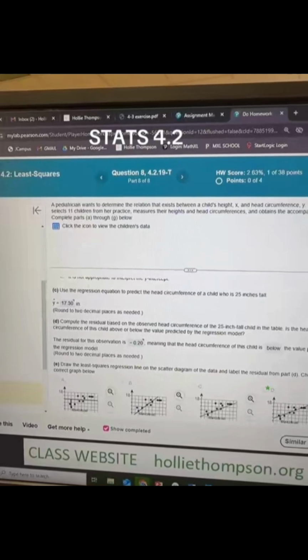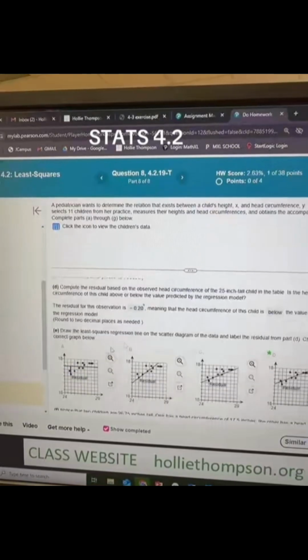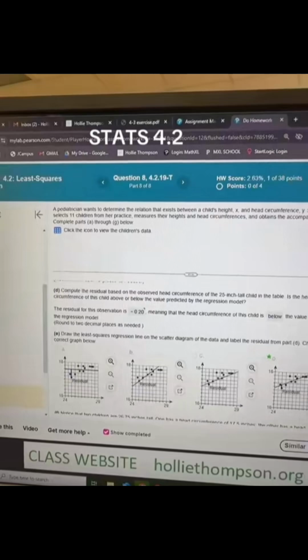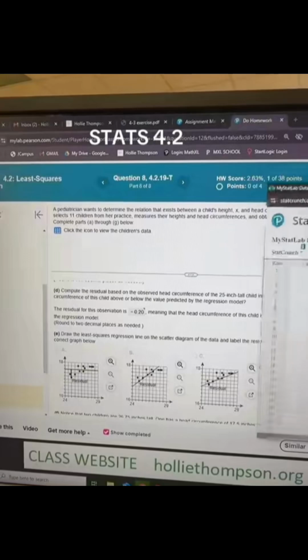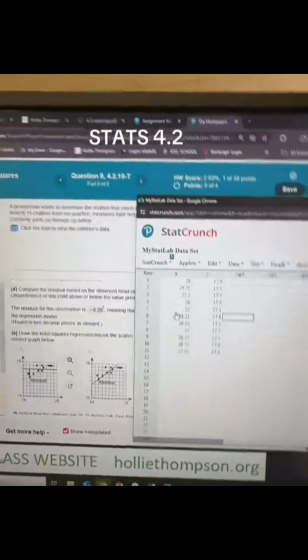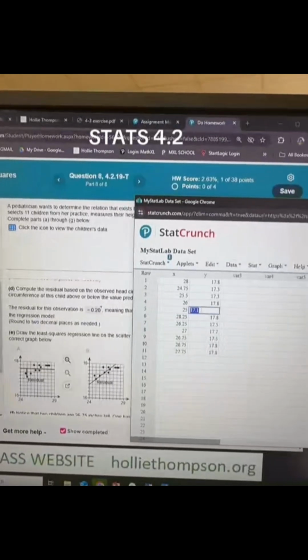Now, to get this is the trick part. We open up our data. And we look over here to data and we find 25, what it was estimated in here at 25. So it's 17.1.